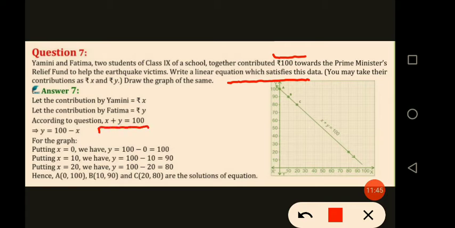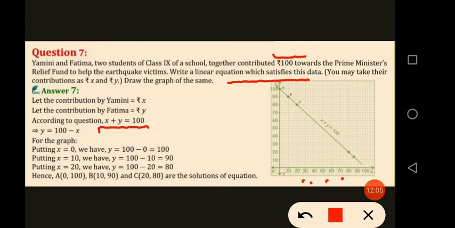So here when we are making the graph, we are not taking the points 1, 2, 3, 4, because if we take them we cannot proceed in an easy manner. So the points which we have taken are 10, 20, 30, 40, 50, 60, like this, and on the y-axis also.